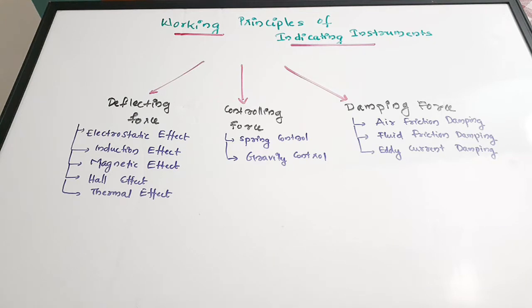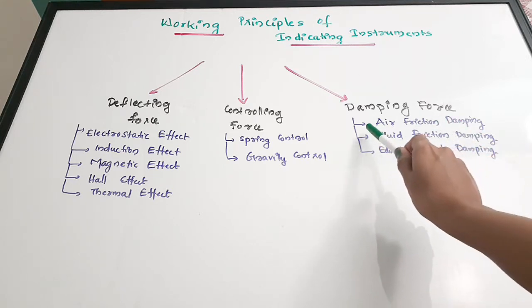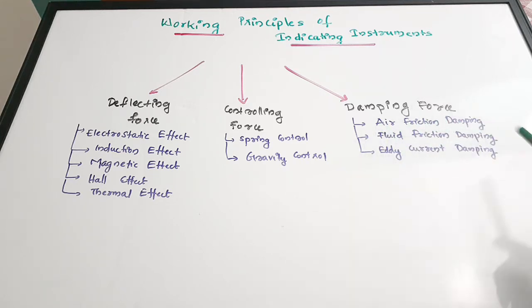Then the last type is damping force, which acts on the needle as it moves and returns. That can be air friction damping, fluid friction damping, or eddy current damping.